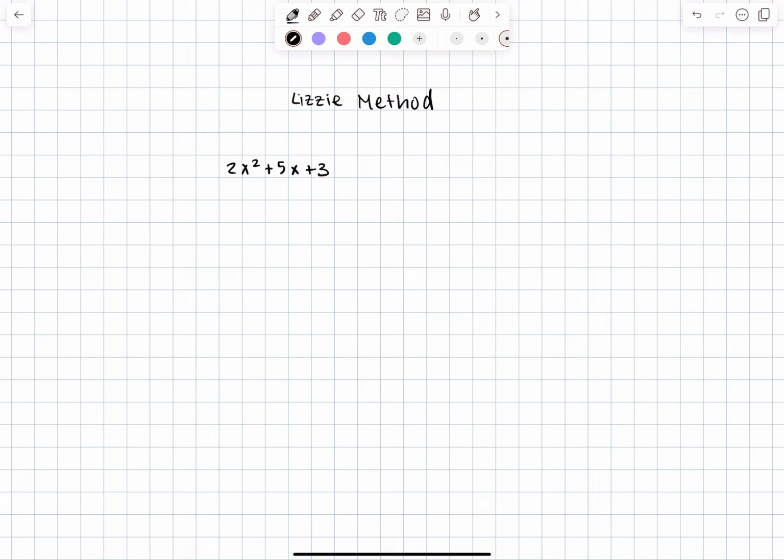As I go through this method of simplifying or factoring this expression, I'm going to be walking through the steps. The first step is to factor out the GCF if possible.